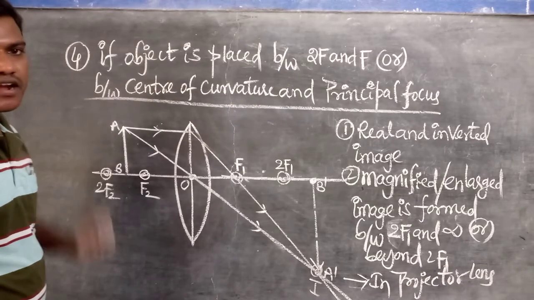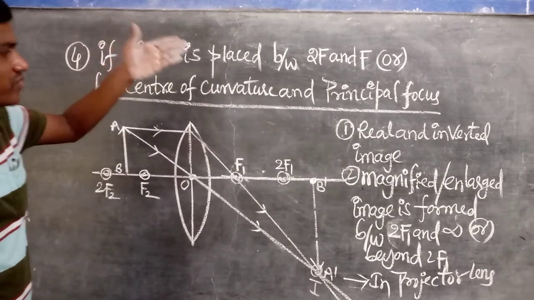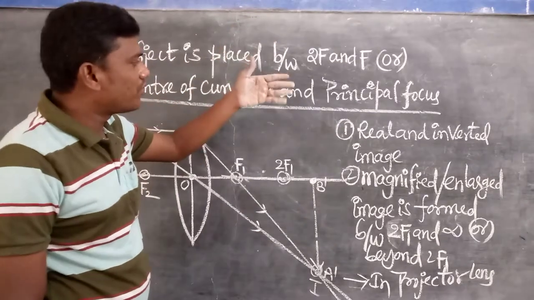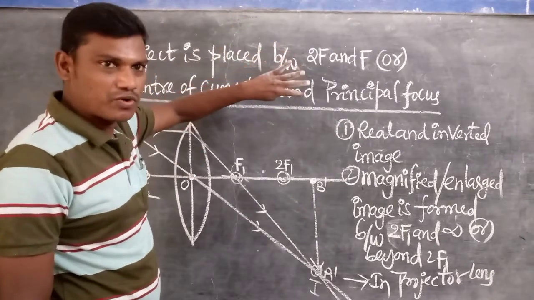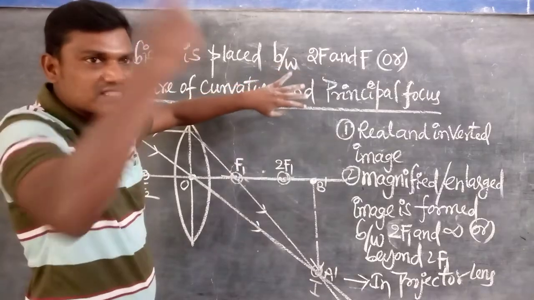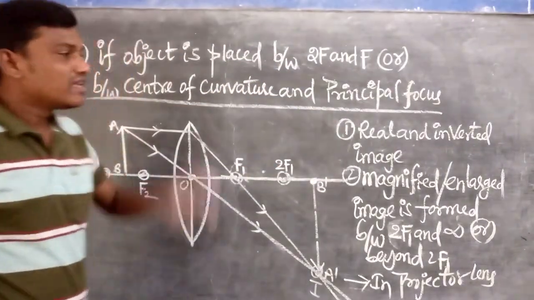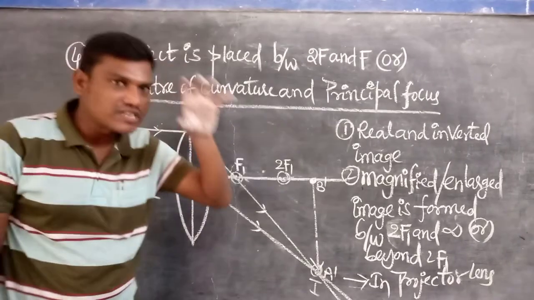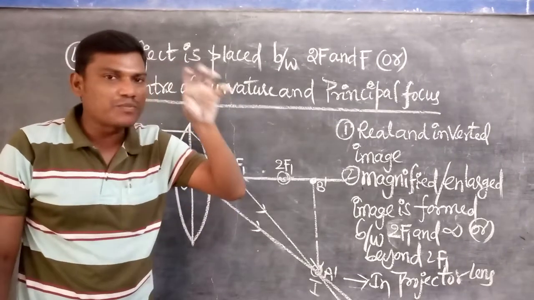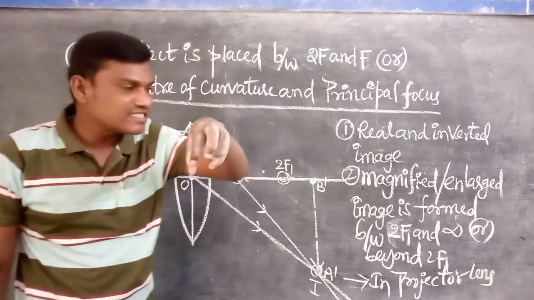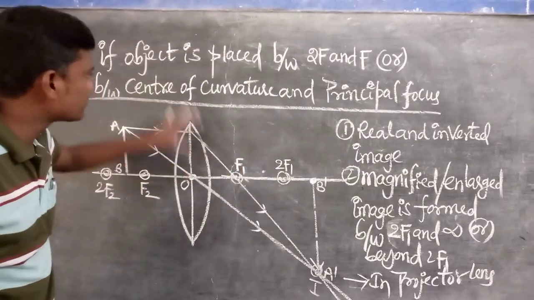At the projection room there is a glass window. On the glass window the image appears in inverted mode, but on the screen it appears in normal, erect mode. That is mainly in the projectors in cinema theaters. In the projector we use a lens. In that lens arrangement, which one are we using?